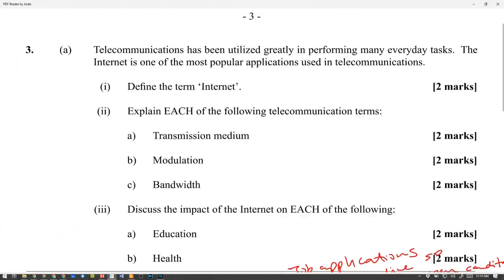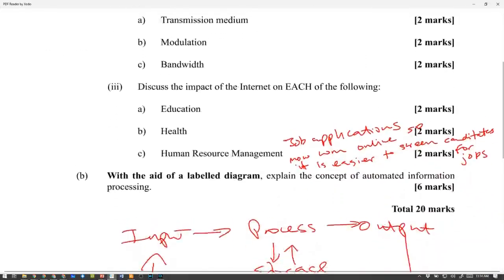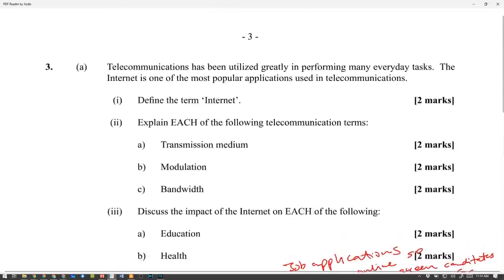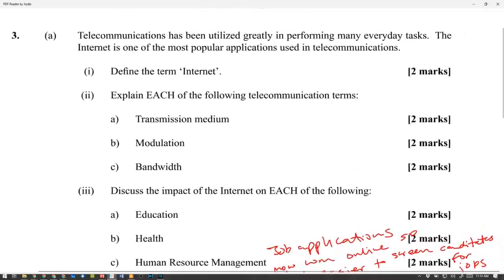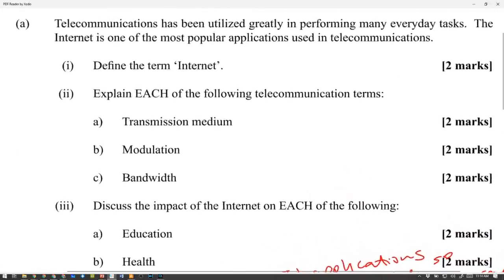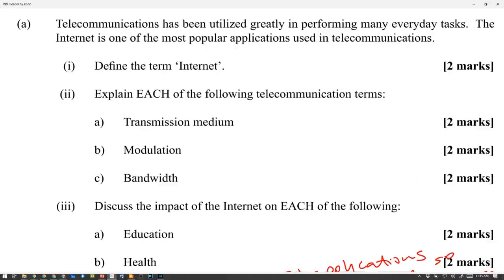All right, last one. Telecommunications has been utilized greatly in performing many everyday tasks. The internet is one of the most popular applications used in telecommunications.